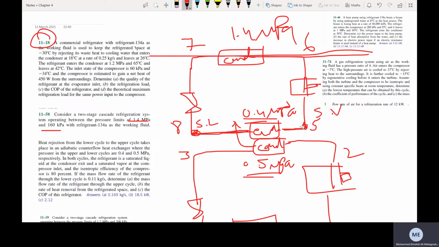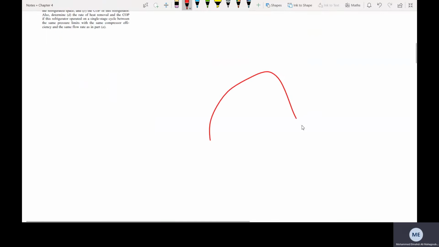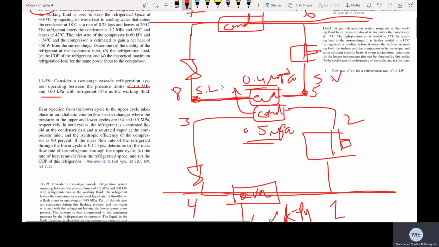So here and here, he tells me this point is saturated liquid always, and this point is saturated vapor always. So the inlet and the outlet of the evaporator all work inside the dome. Starting from here, I'm ending here. Saturated vapor, saturated liquid. That's what's happening inside both condensers or both evaporators. Let me write correctly. So in both cycles, the refrigerant is a saturated liquid at the condenser exit and a saturated vapor at the compressor inlet.